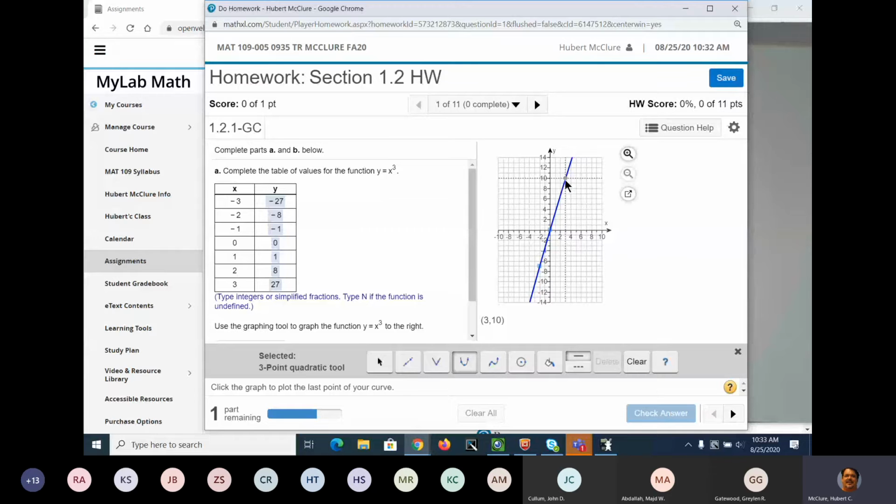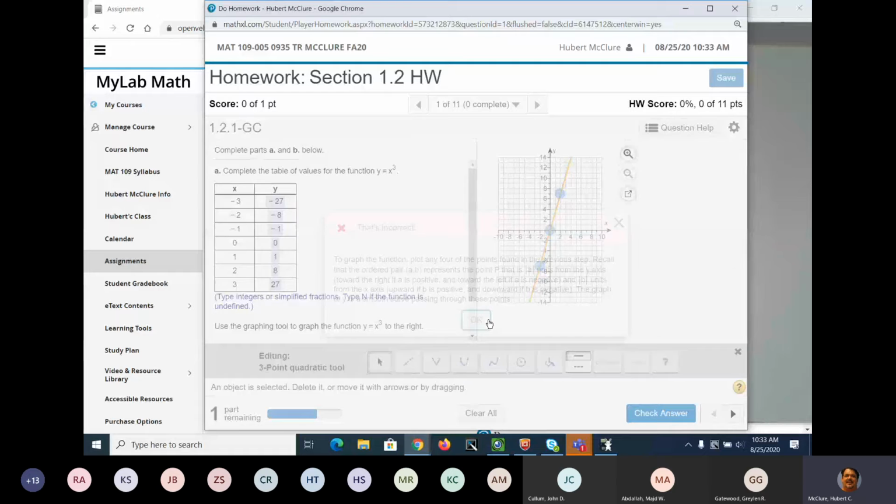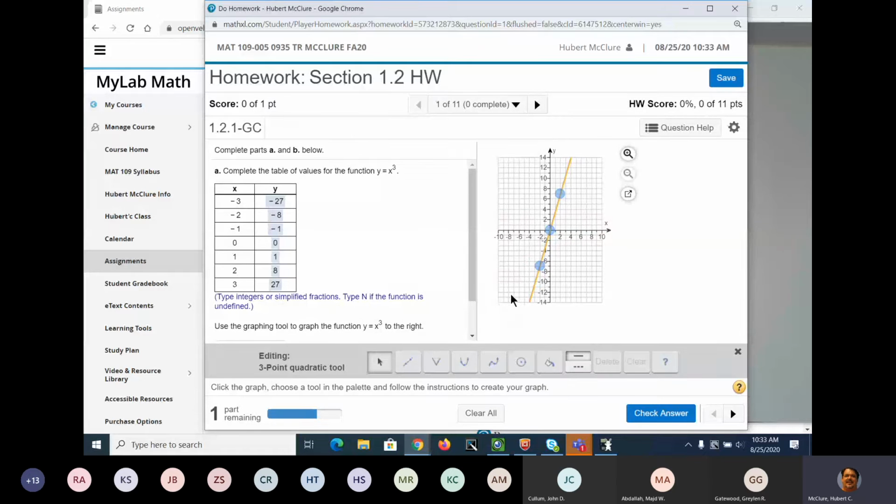A cube is supposed to be a cubic function. It should be a little bit curvier than that. That's not right. I don't know why I can't get it to curve. It's supposed to be a curve that looks like that.